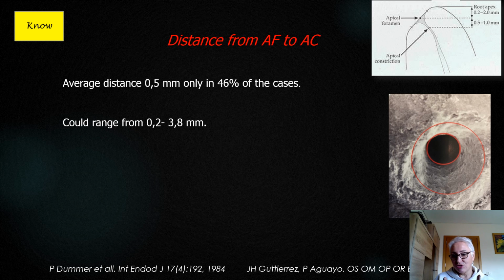This distance from the apical foramen to the apical constriction could be almost 4 millimeters. It could range from 0.2 to 3.8 millimeters. And of course, this distance could increase with age because of cementum deposition.